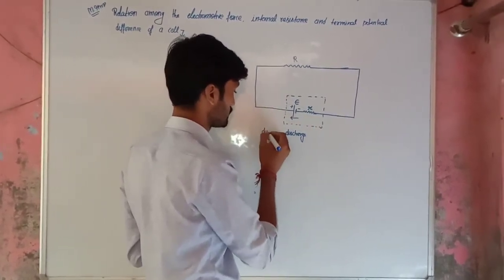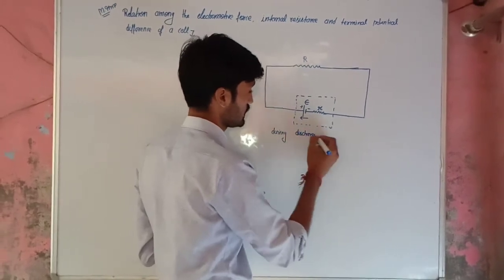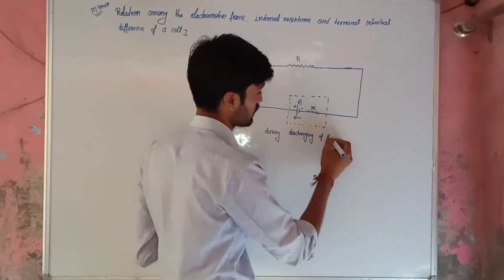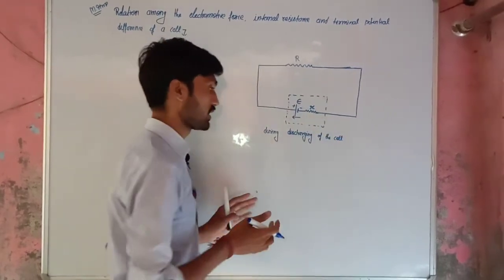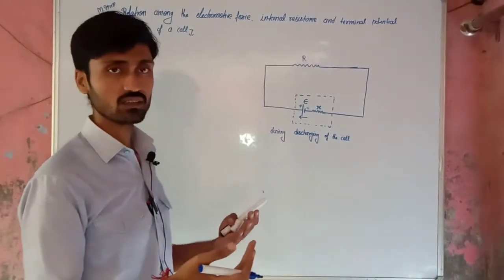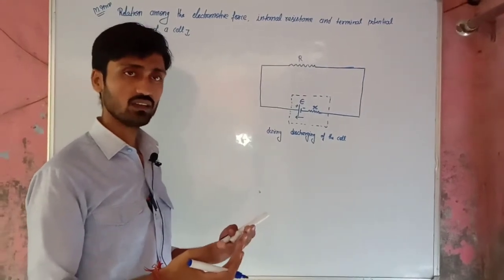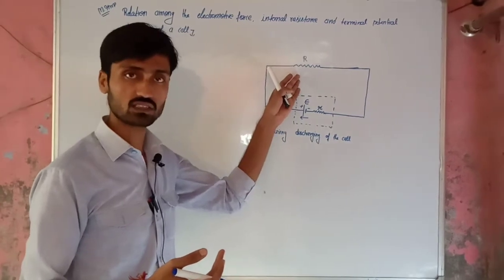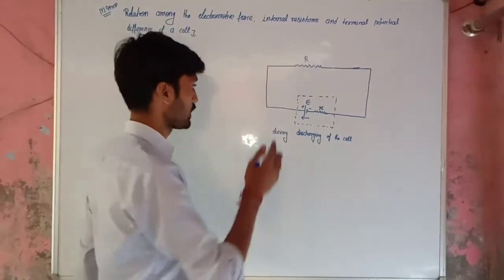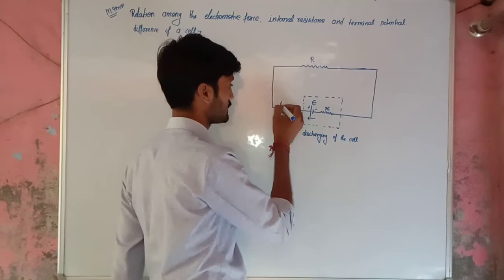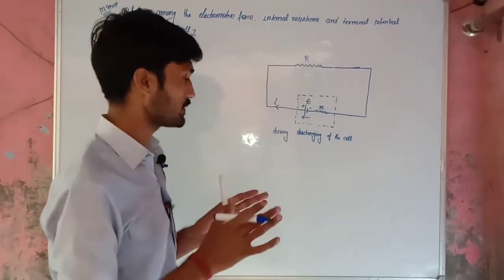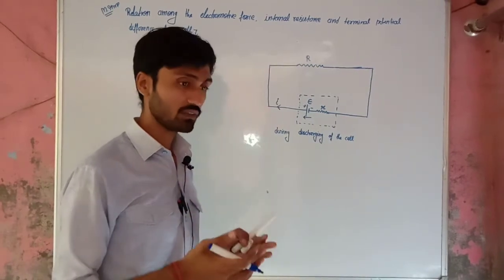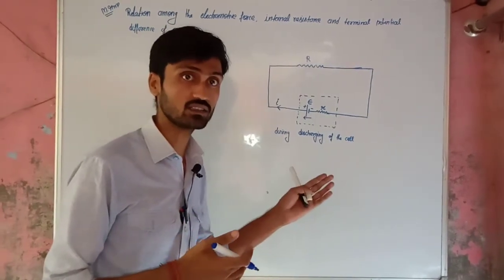During discharging of the cell, the cell gives rise to a current flowing in the external resistance. Suppose this current is I. If the cell is discharged completely, then we will charge this cell if it is a secondary cell.